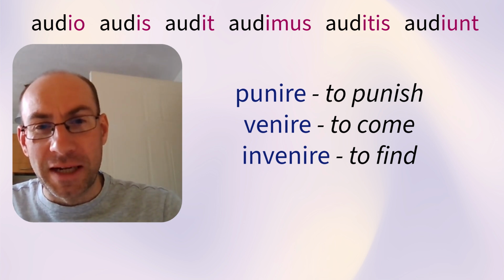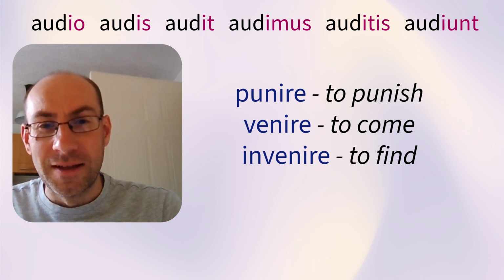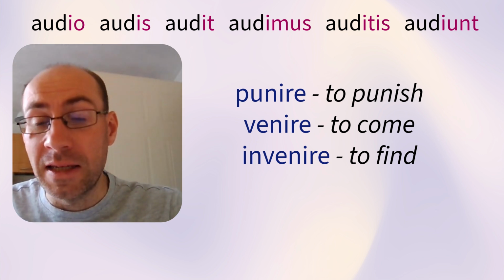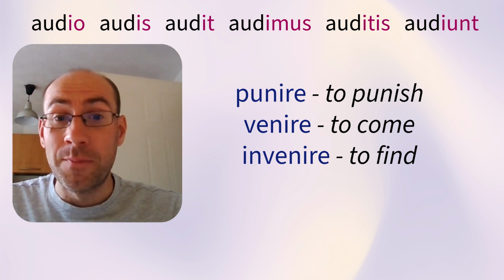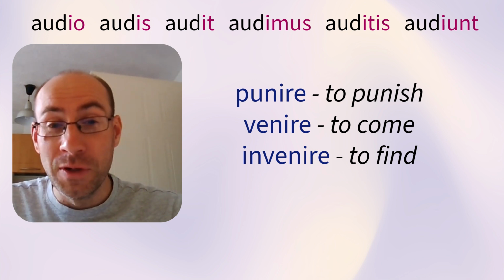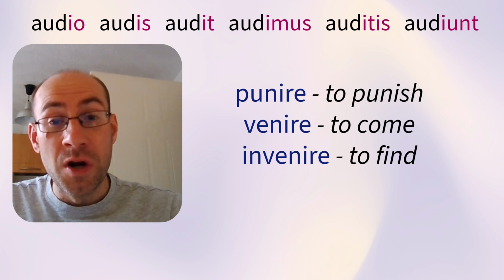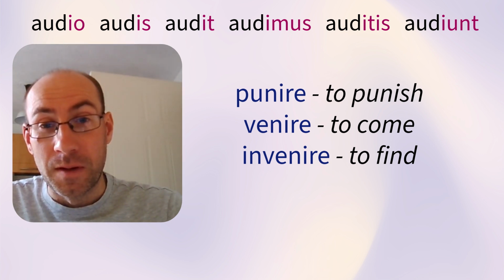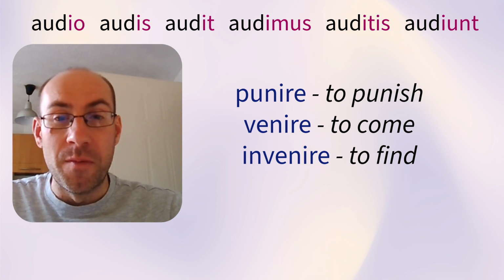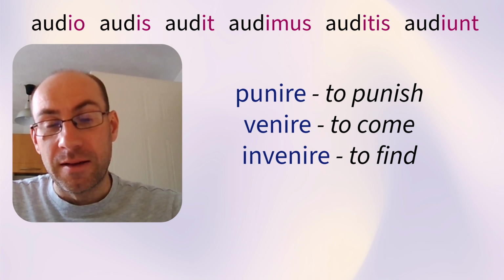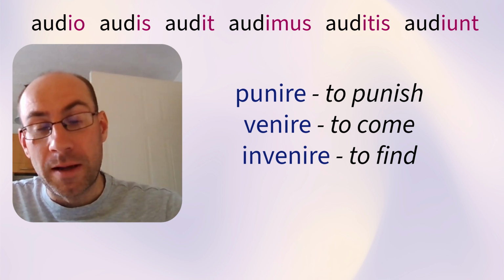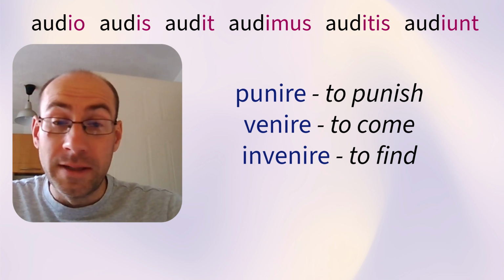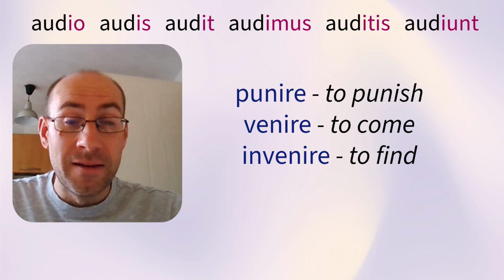Pater, subject, nominative, he's doing the action. Punit, from punire, punio, punis, punit is third person, he or she. Pater punit. Filius is your word, but he's receiving the action, therefore accusative. Filium. More natural, I think, to put the verb at the end. Pater filium punit. Or, indeed, filium pater punit.